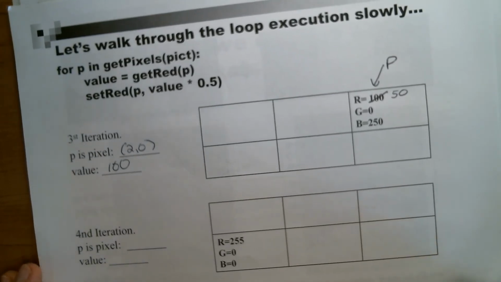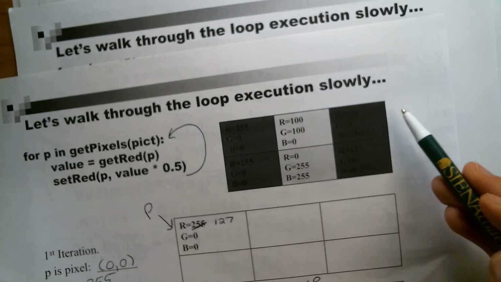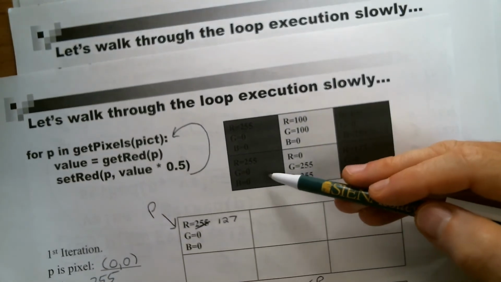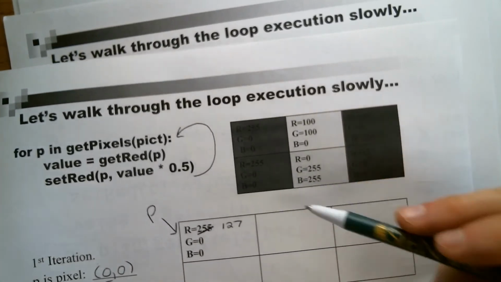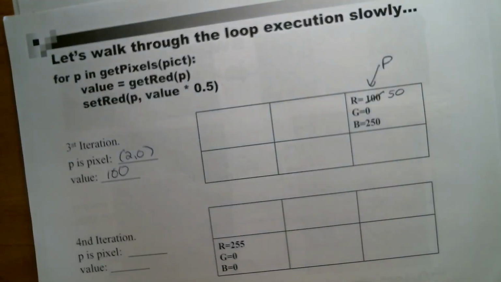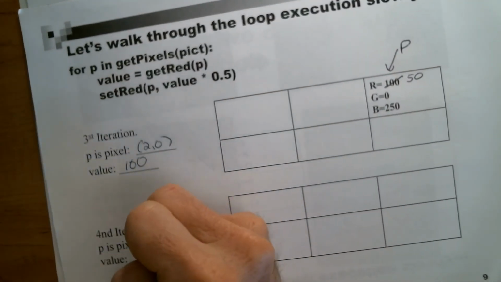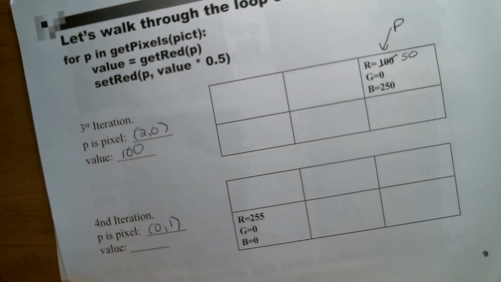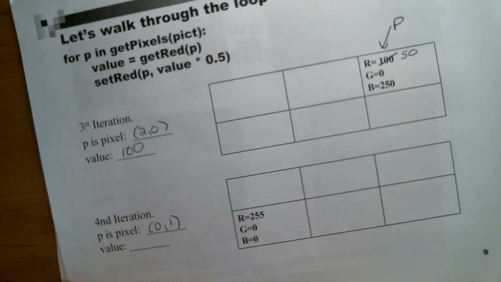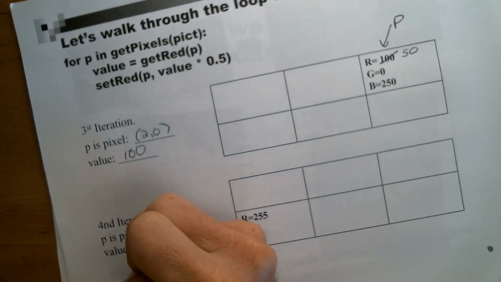On the fourth iteration, notice our picture was only 3 across. So we're then going to go down a row and start back at the beginning here. So that's going to be pixel 0, 1. Now the value at 0, 1 is 255.